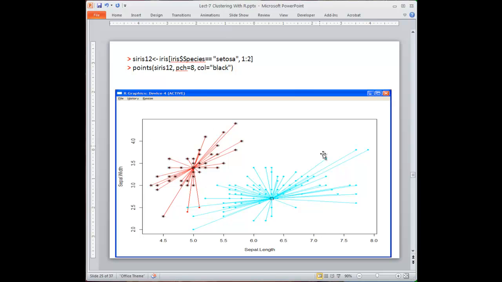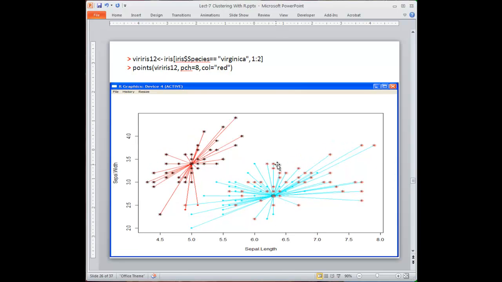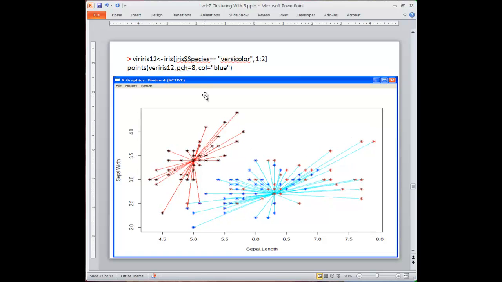All of them are here. It means the Virginica and the versicolors are going to be in this cluster, and the color red is for the Virginica one. I called it Ver Iris 1 2. I'm plotting it, and the other one will be the versicolor. I calculated them and said plot the data points.